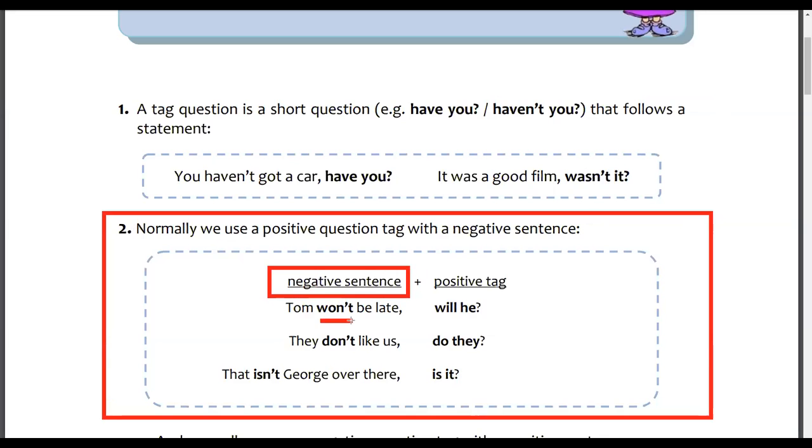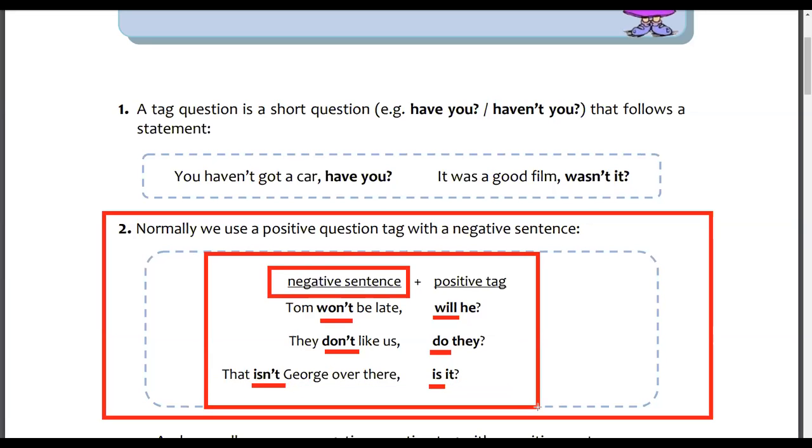Here you see the auxiliary verb in a negative form. So we do use an auxiliary verb in question tags, but we need to use the opposite one. In this case, we are talking about negative, right?